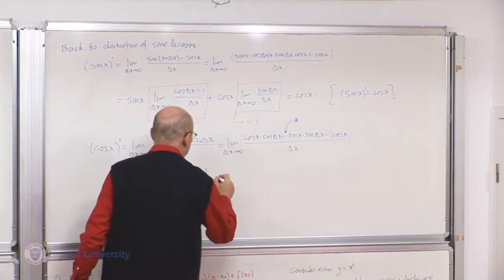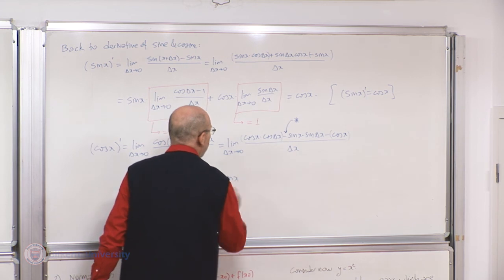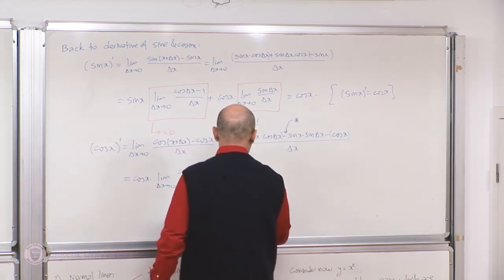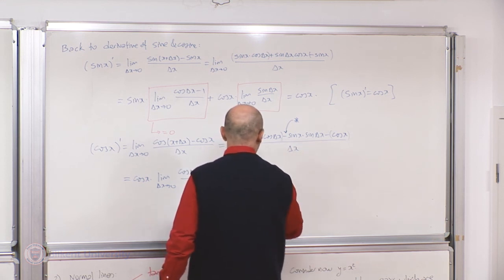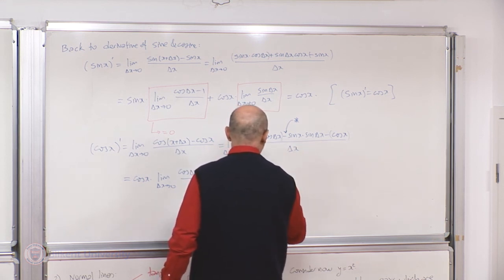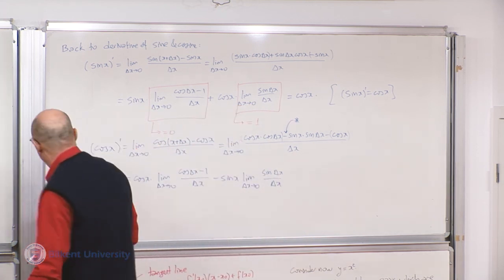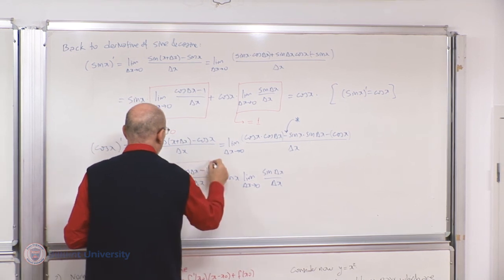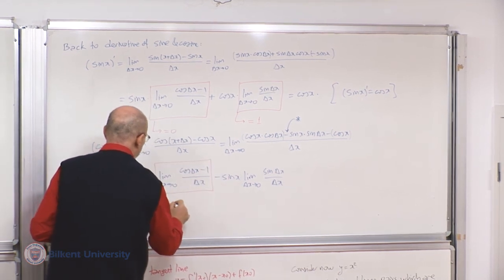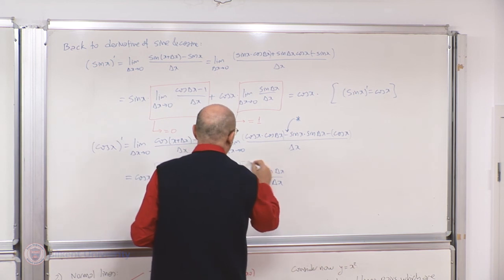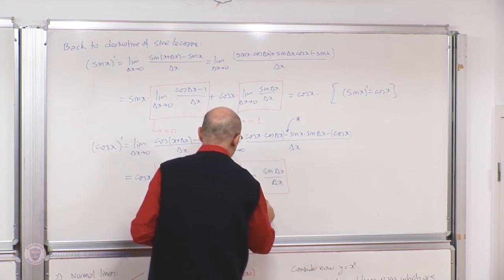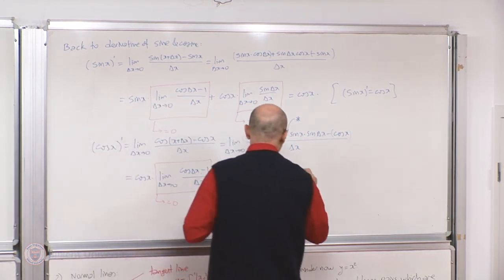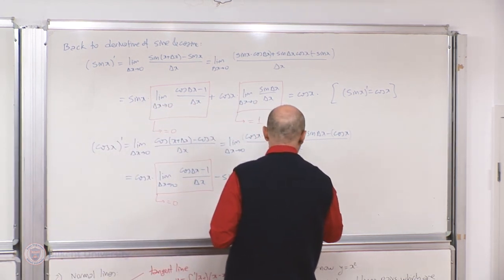This is minus sine x times the limit as delta x goes to 0 of sine delta x over delta x. As before, this part is 0, and this fundamental limit is 1. So the result of this limit calculation is minus sine x.